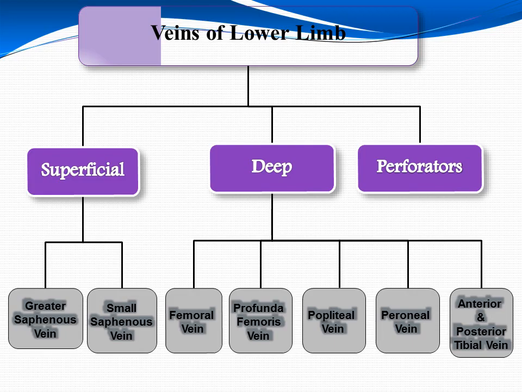Lastly, we have the perforator veins. The perforating veins communicate superficial veins with deep veins by piercing the deep fascia. The peroneal veins and the anterior and posterior tibial veins are examples.